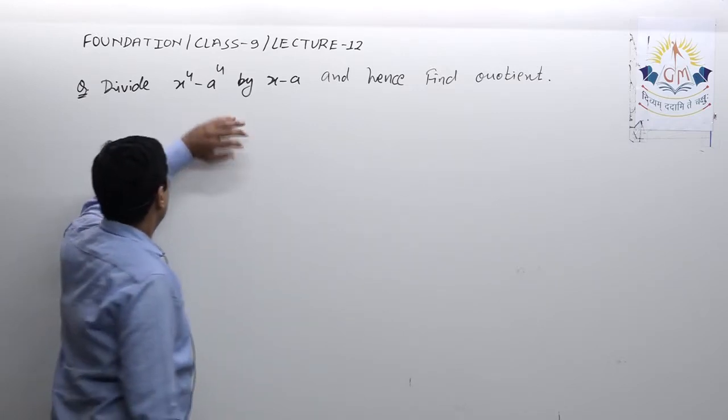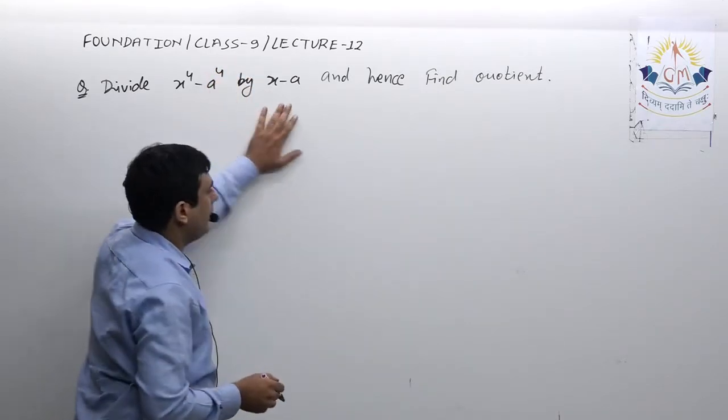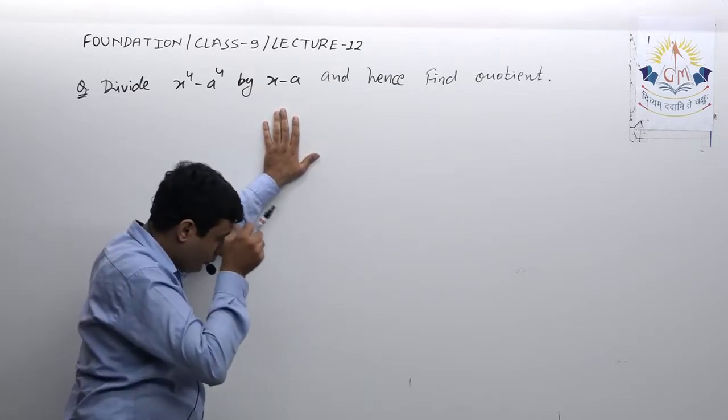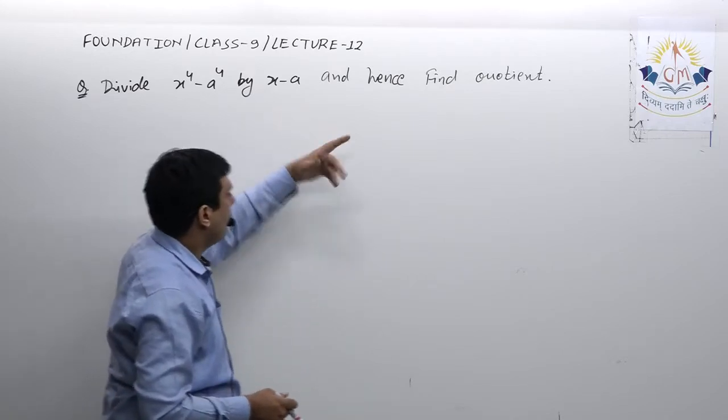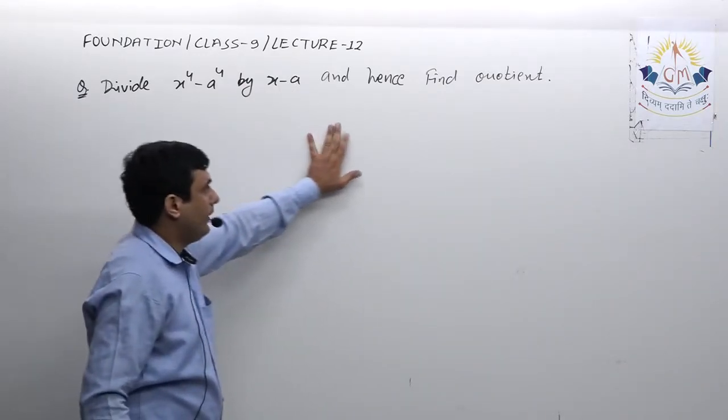At first look, definitely we can say x raised to 4 minus a raised to 4 is divisible by x minus a. So you have to find the quotient. Also, the remainder is definitely 0, so that's why I wrote only to find the quotient.